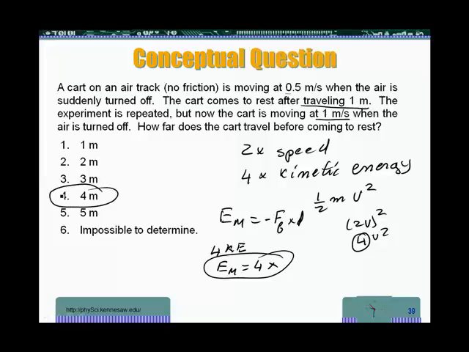Now, what's interesting is you have experienced variations of this question in your life, I'm almost sure. Whenever you took a driving test, they asked you about this question. If you double your speed, if you are moving twice as fast, how much longer is it going to take you to stop?